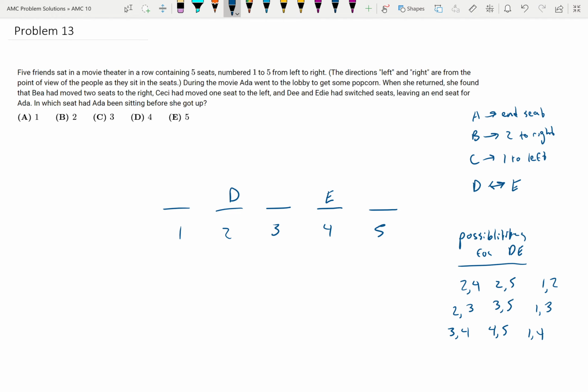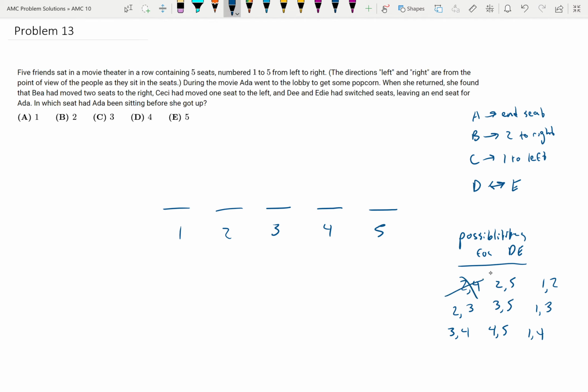So if B has to go 2 to the right, and A is going to be, yeah, actually, this won't work because C has to go 1 to the left, so C wouldn't be able to go 1 to the left here.